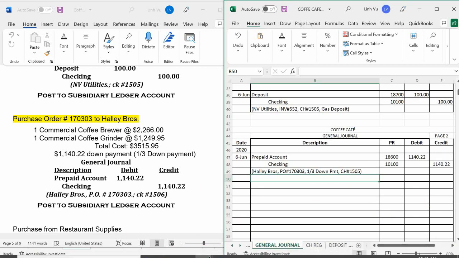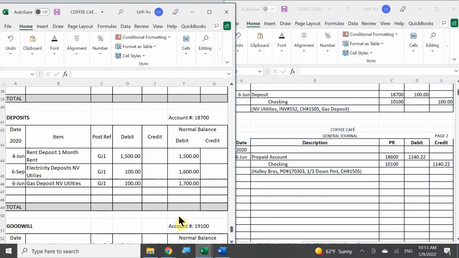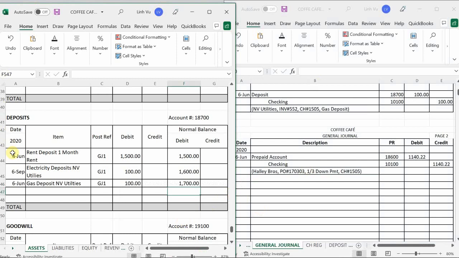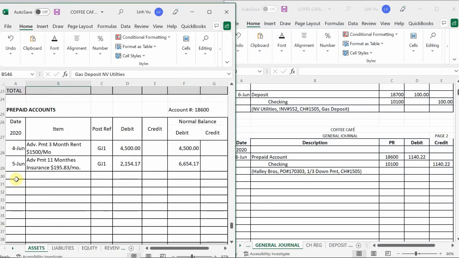Okay, so I made a prepayment and I made a checking. So ledger. Okay, so I'm right here down on my deposit. So right here's my prepaid account. Okay. 1/3 down payment on brewer and grinder.